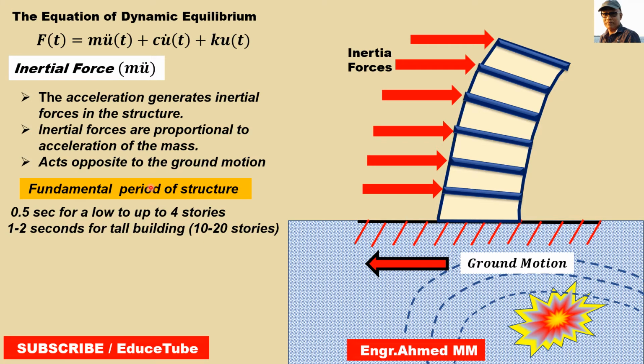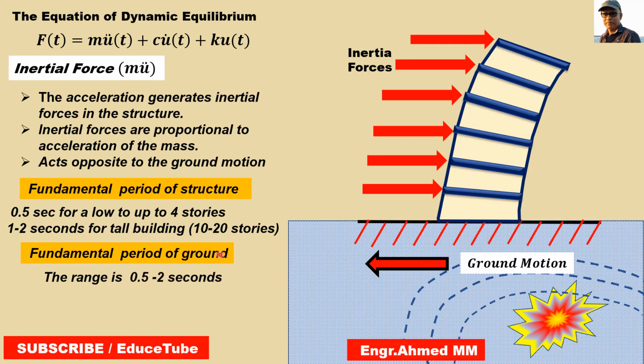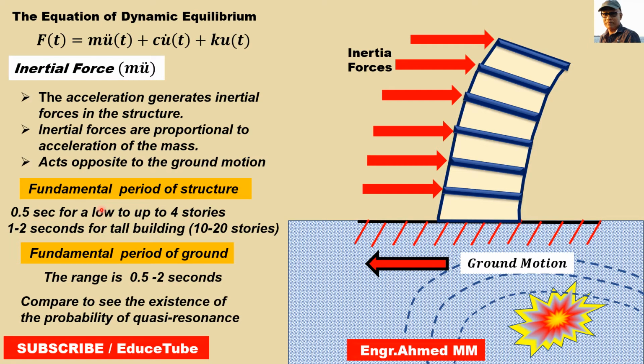Now, if we think of the fundamental period of ground, the range is 0.5 to 2 seconds. So if we compare these two, it looks very close. If it is very close, then the question comes about comparing, because it is important. Why?